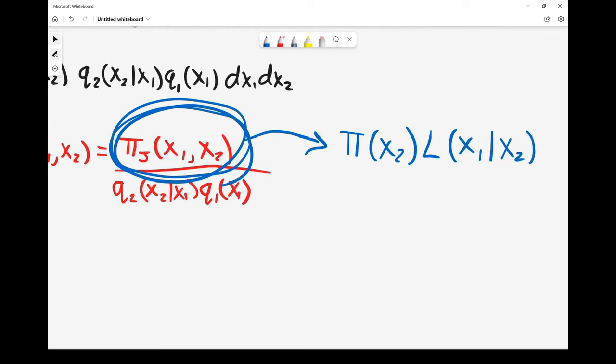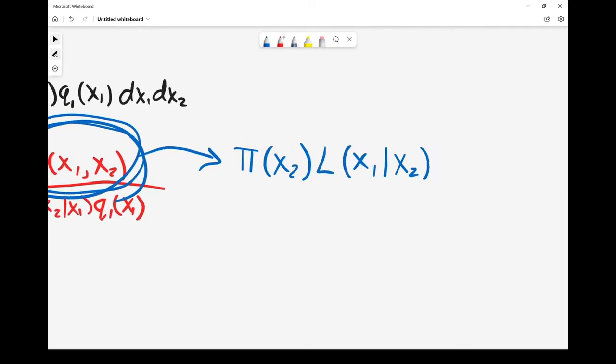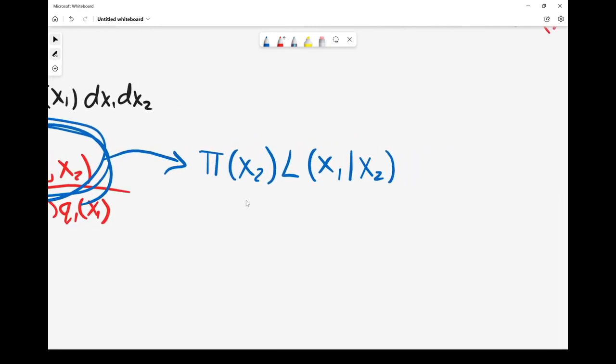So its argument is x1 and it's conditional on x2. So obviously if you integrate this over x1, then you're left with the target at x2, which is what we want, that marginalization property. And then this L can be anything we like, basically, and we call that an L-kernel quite often.